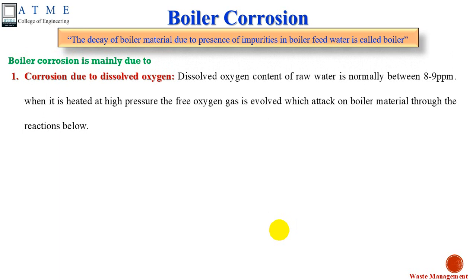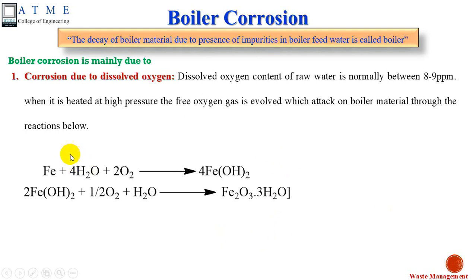Water has dissolved oxygen in it, normally between 8 to 9 ppm. When it is heated to very high pressure and temperature, the free oxygen gas is evolved and it reacts with the iron.